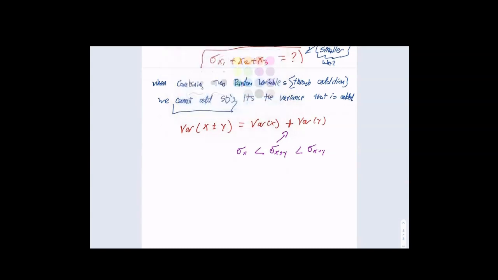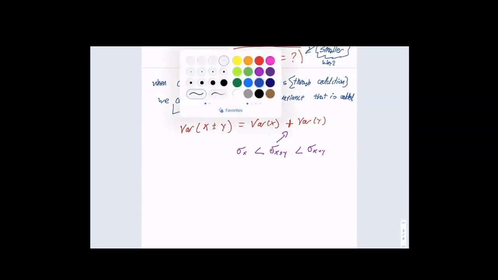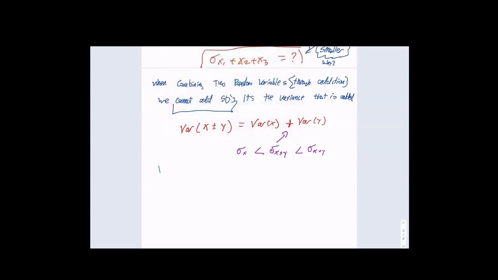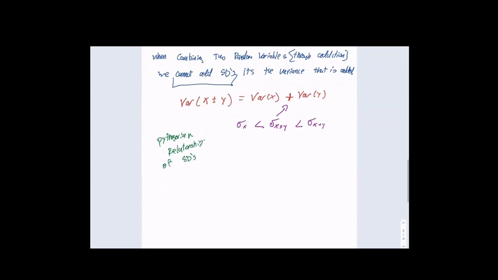But in reality, the way I want you to remember is what is known as the Pythagorean relationship of standard deviations. Basically it says this.